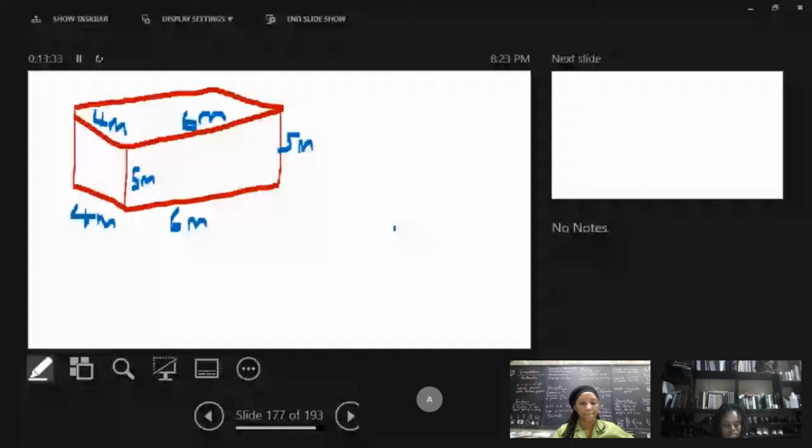Anyone? Oh, 4 times 6 times 5. All right, so Asari is saying the volume would be length times width times height.